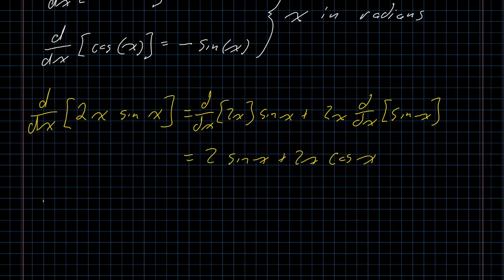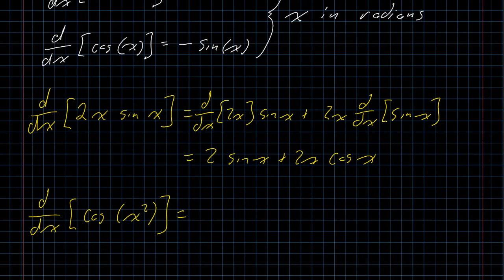Another example here. If I want to take the derivative of cosine of x squared. Now the interesting thing is happening inside the argument of cosine. So in order to work with that, we're going to use the chain rule.